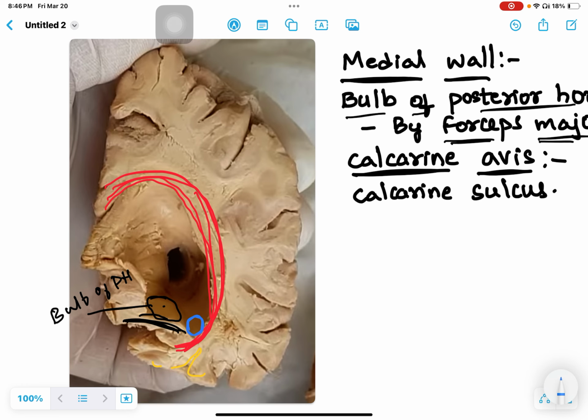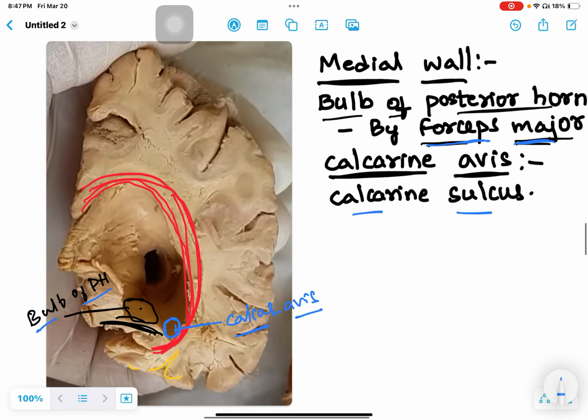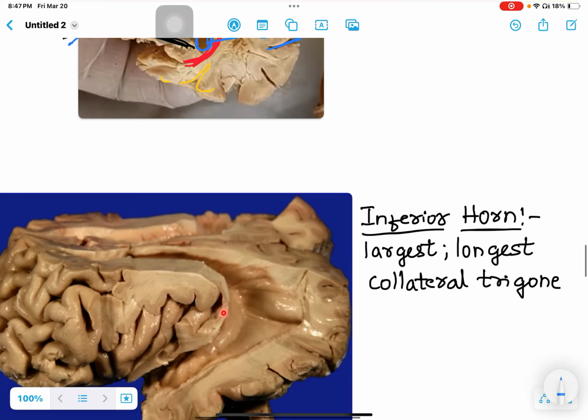This is called the calcar avis. Calcar avis is an elevation formed by the calcarine sulcus projecting into the posterior horn. The bulb of the posterior horn is formed by the fibers of the corpus callosum, that is the forceps major fibers. So this is about the posterior horn.